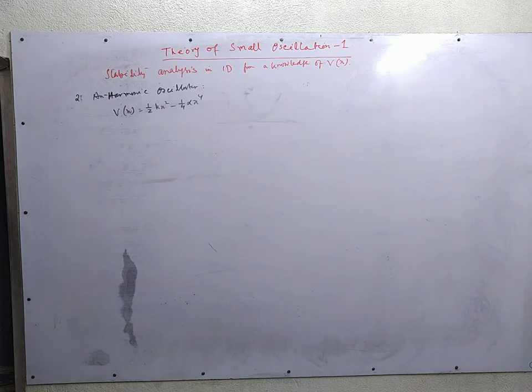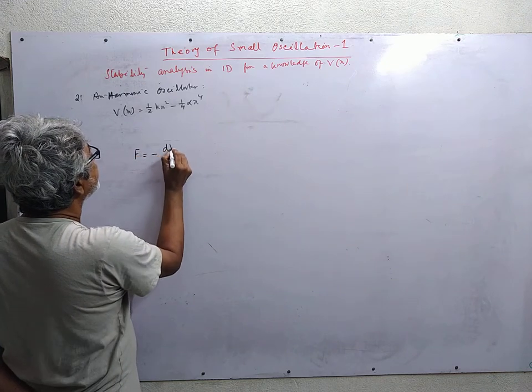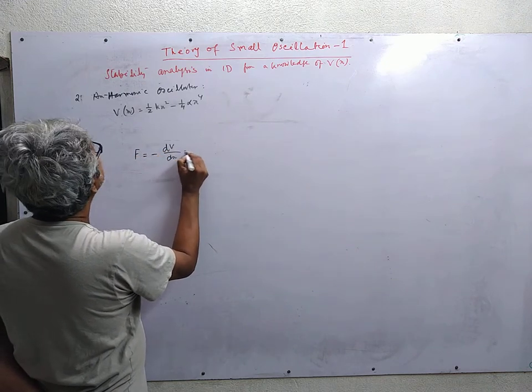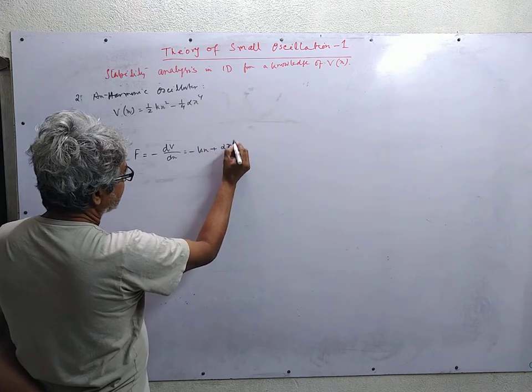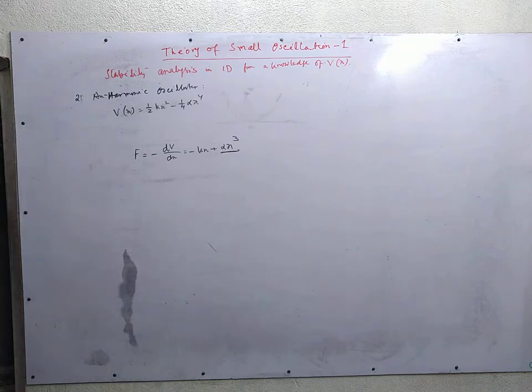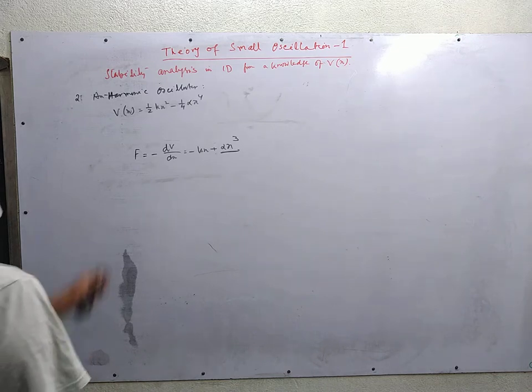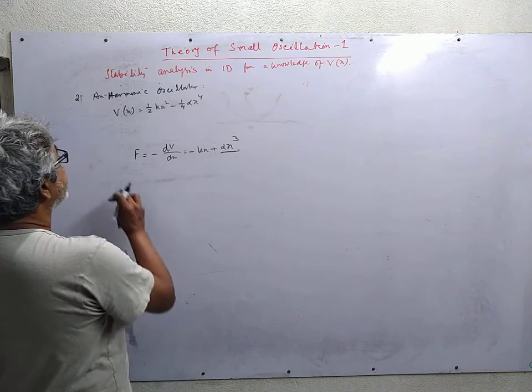This corresponds to a situation where the corresponding force is minus del V del x. So it is minus kx plus alpha x cube. So the particle is experiencing a force which goes as x cube. So this is the famous example of anharmonic oscillator.